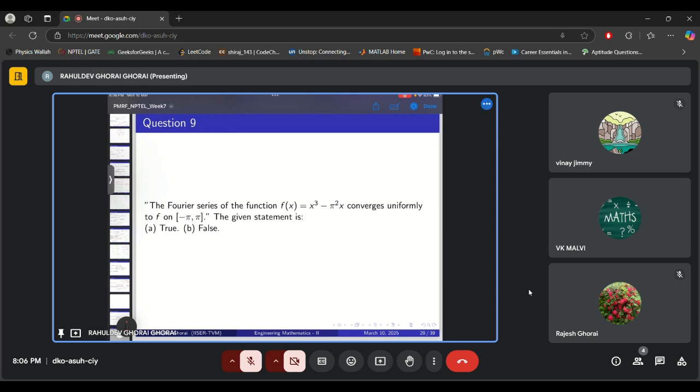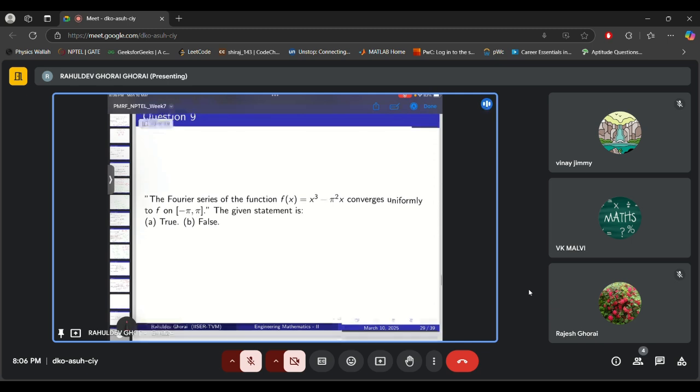even it is a differentiable function. Okay, but can you say for all differentiable functions the Fourier series converges uniformly? Not necessarily, right? So here you need more conditions to converge uniformly. Okay, what is that?